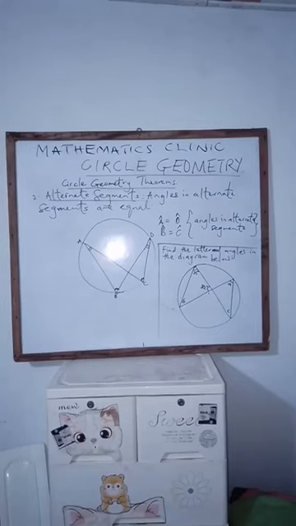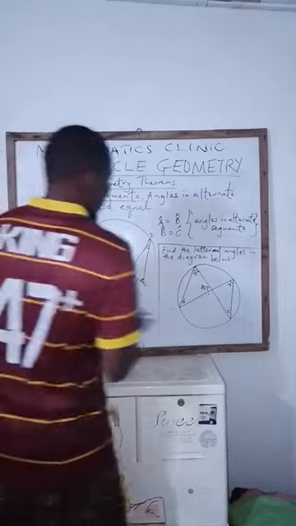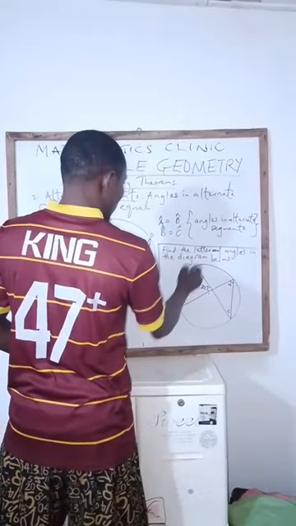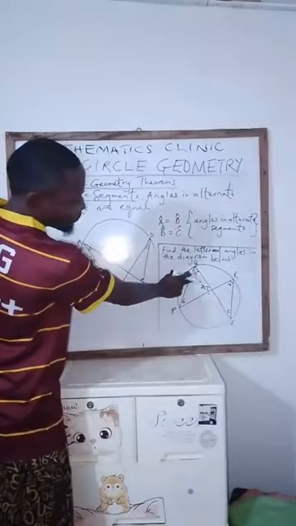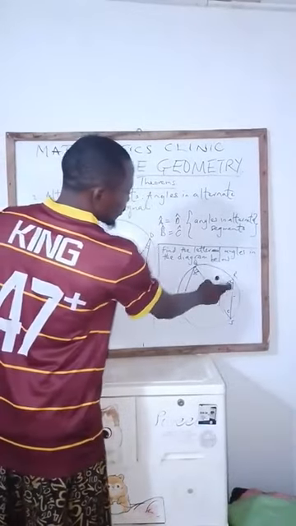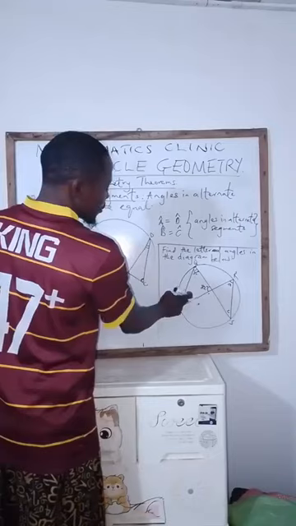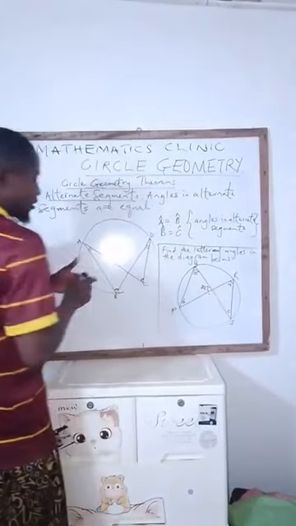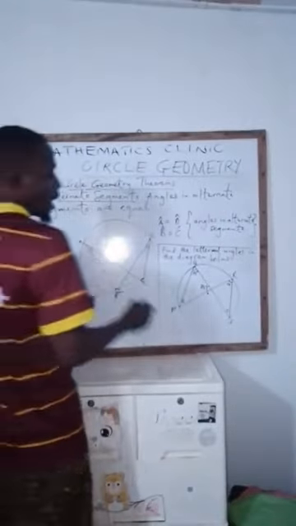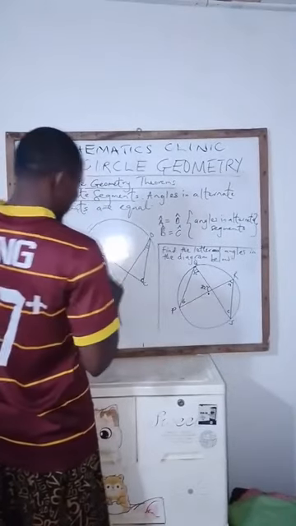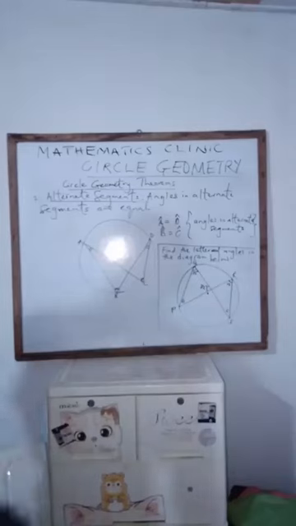I hope you can see the question well. From here, let me call this P, Q, R, and S. Angle Q is 35 degrees. Angle R is A. Angle P is B. Angle S is C. Here is the center of the circle, and the angle at the center here is 82 degrees. So what is A, B, and C?